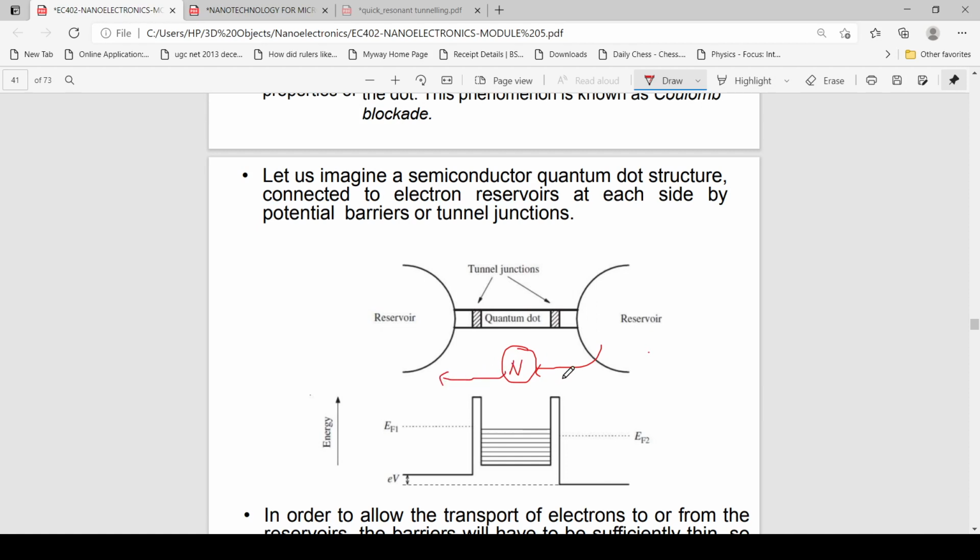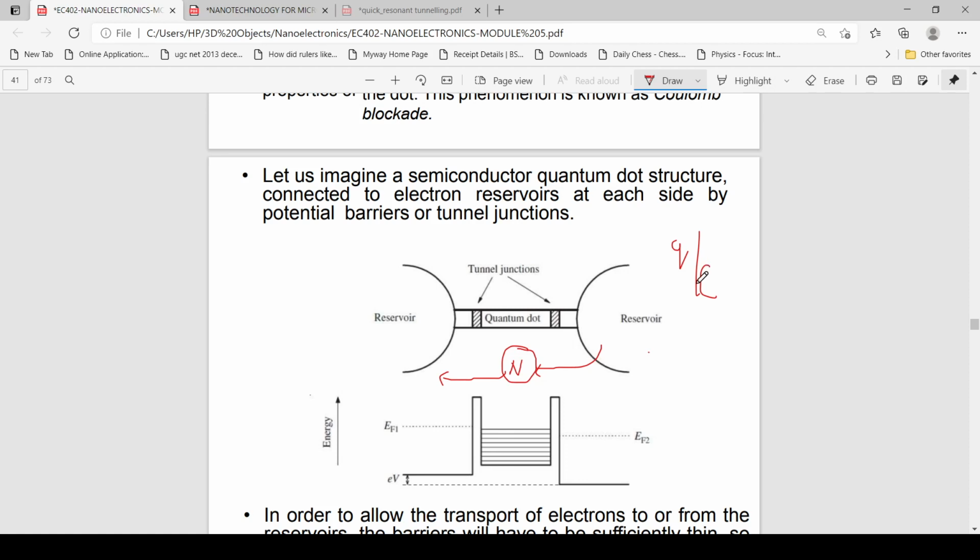In order to add or subtract electrons to this quantum dot, we need to satisfy certain conditions. The first one is that the potential difference between the quantum dot and the reservoir must be in the range of Q by C, or multiples of Q by C. In between those values there will be no tunneling, so electrons cannot be added to the quantum dot for any other values of voltage.